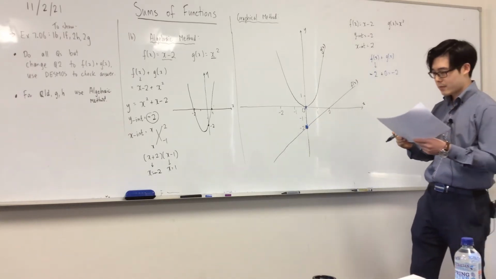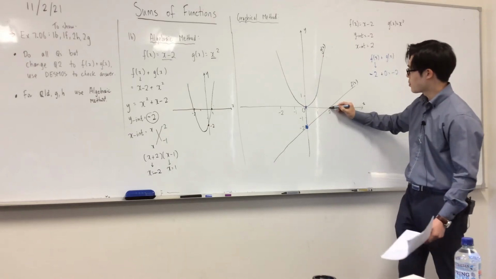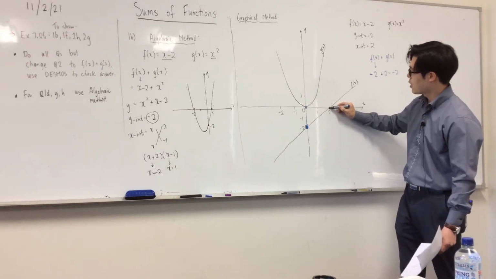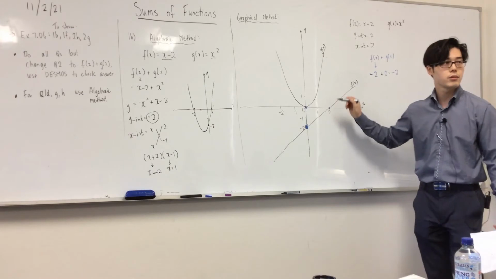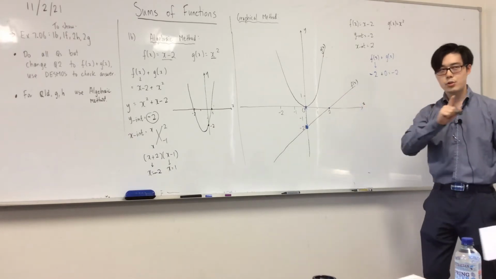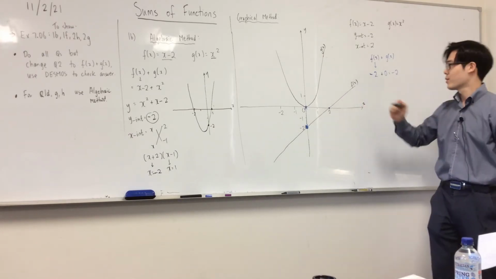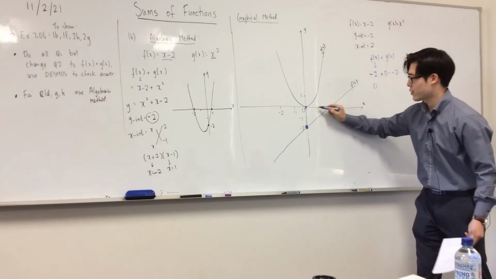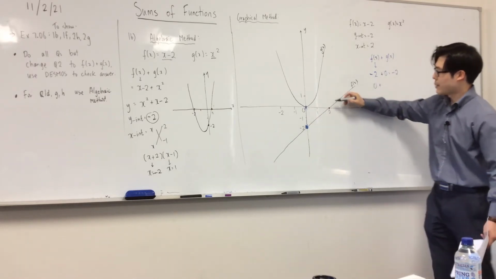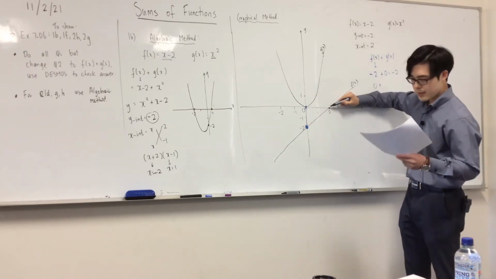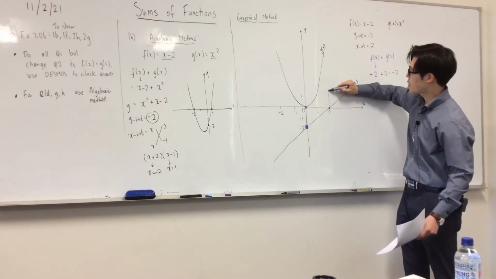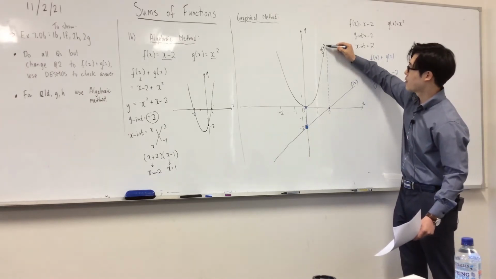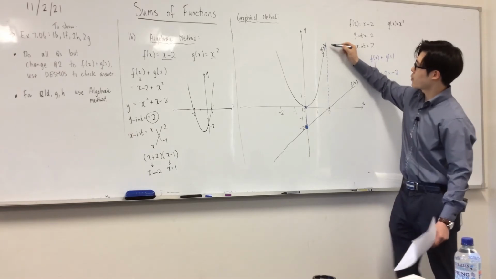Okay, now, second point, let's have a look at this point. Girls, what's the y value of f of x in this graph? Is it 2 or 0? 0. It's a y value because if you go across, it's 0. Now, at that same point, if you go all the way to the graph, what's that point like?